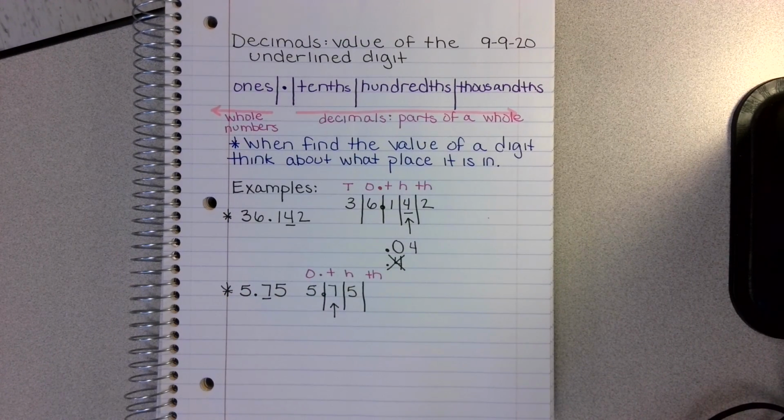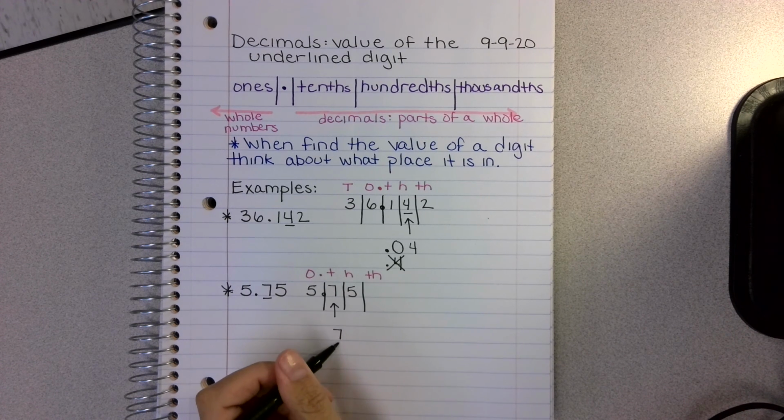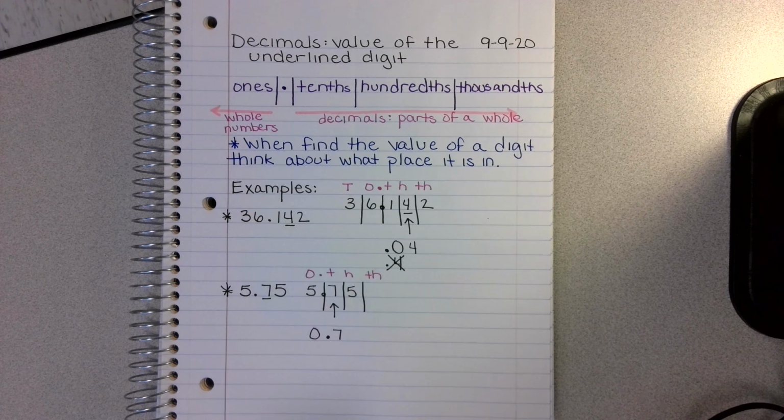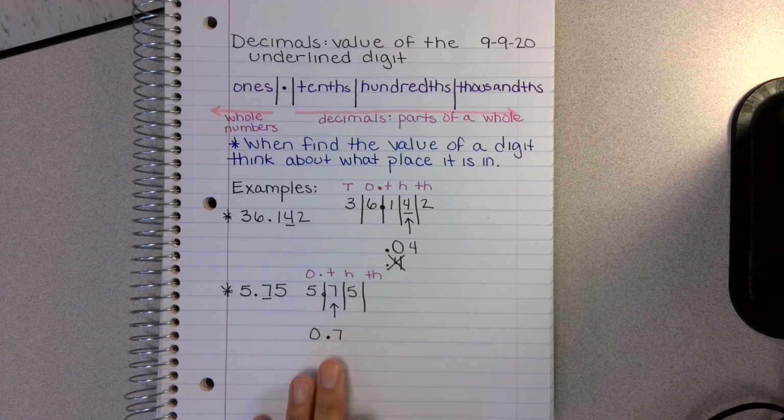So my 7, what place is my 7 in? It's in the tenths. So I need to make sure my 7 stays in the tenths. So it'd be 7 and then my decimal. And for my 5 here, for that place, I'm just going to put a 0 for a placeholder. So that's 7 tenths. So the 7 in this number has the value of 7 tenths.